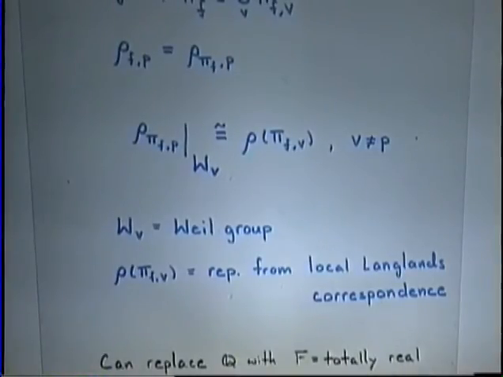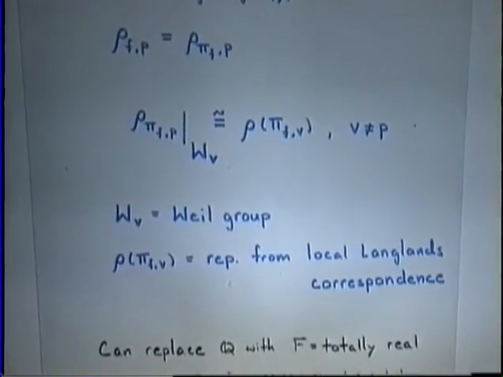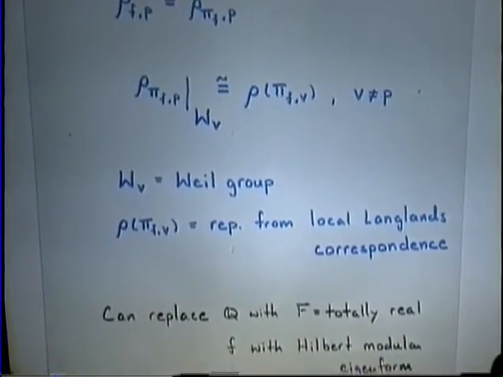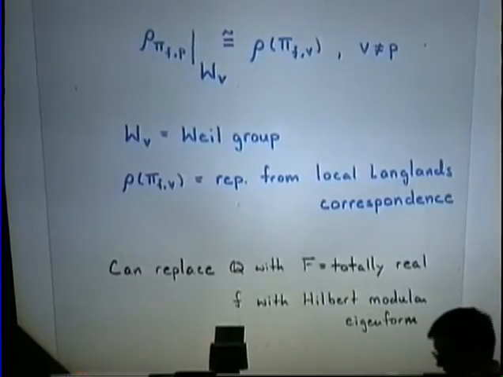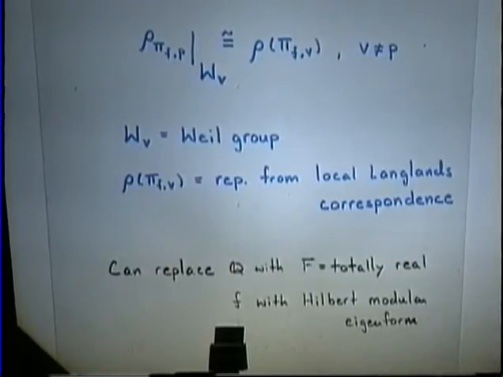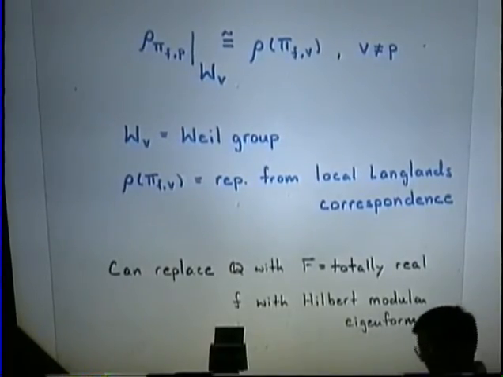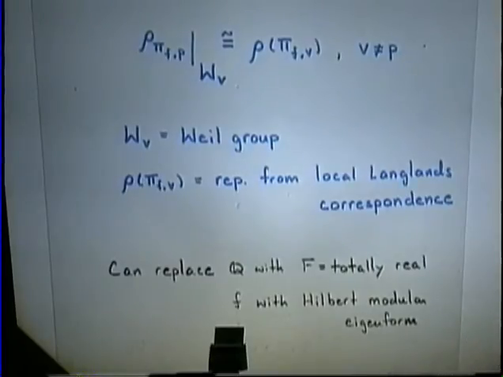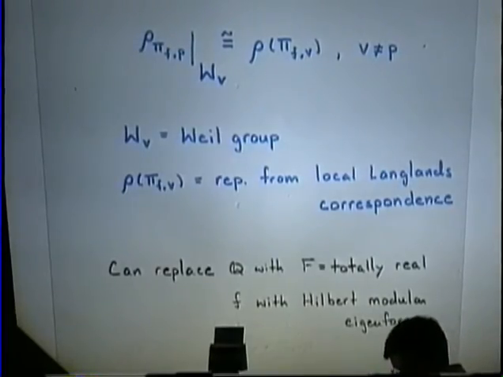So this is a slightly stronger result and tells us what's happening at places of ramification as well. I should say also that the same theorem is known if you replace the field Q with a totally real number field F, and you replace F with a Hilbert modular eigenform or an automorphic representation of GL2 of the totally real field F with suitable conditions at infinity.